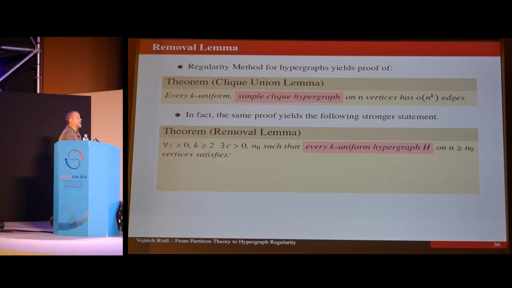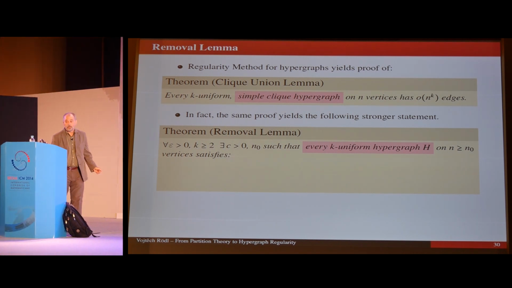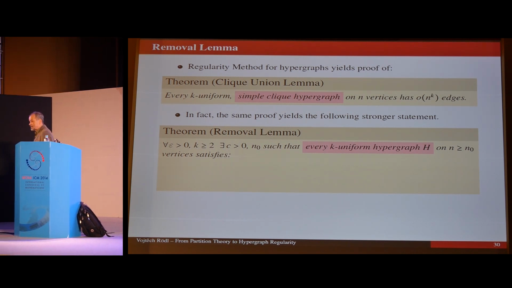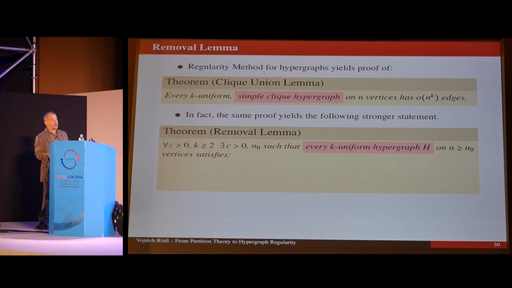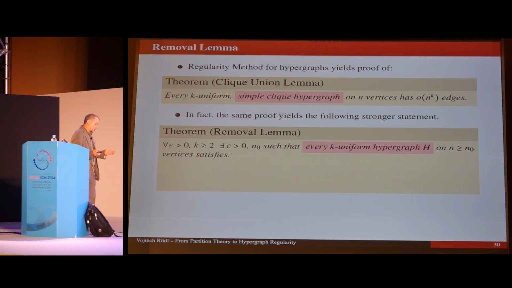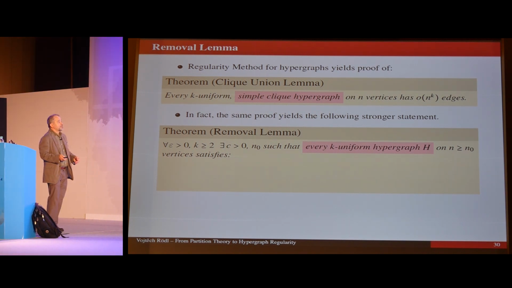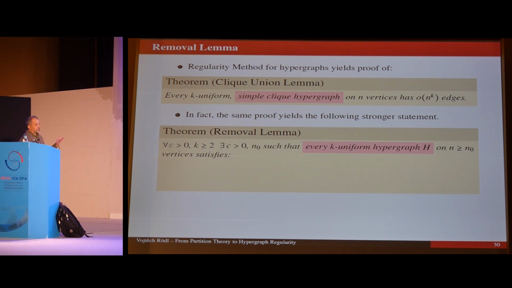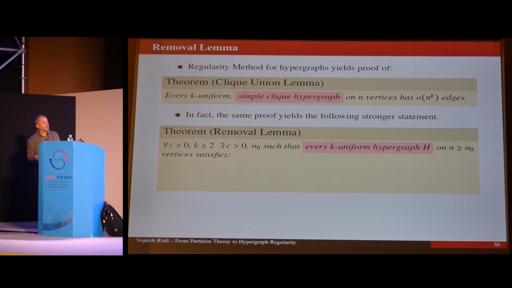It seems that any proof of the first statement gives us a proof of the second statement, which is stronger, at least as far as we know. And this has now been called the removal lemma.